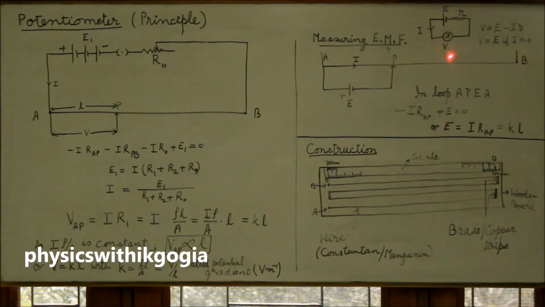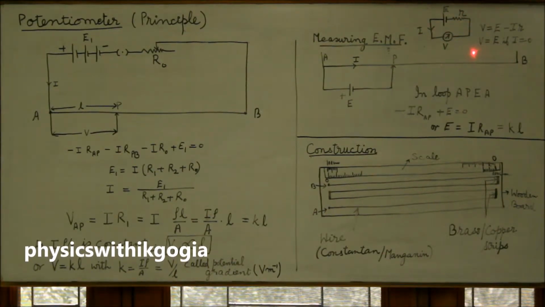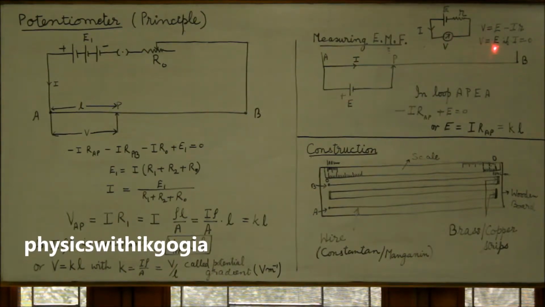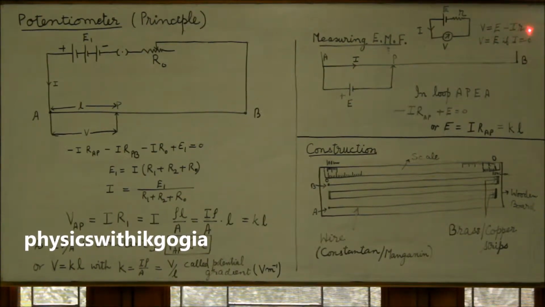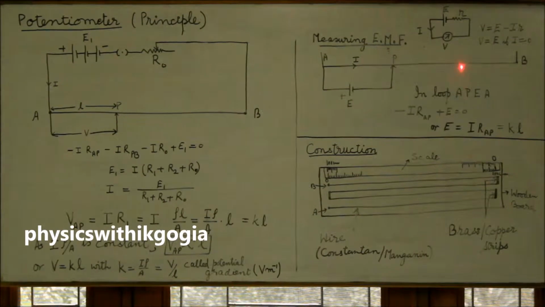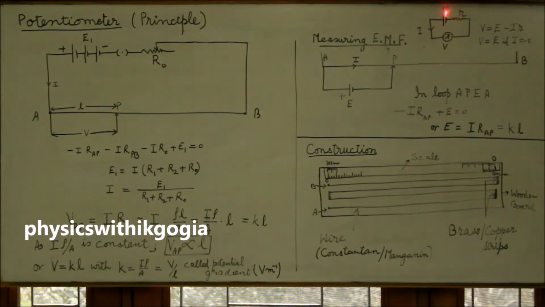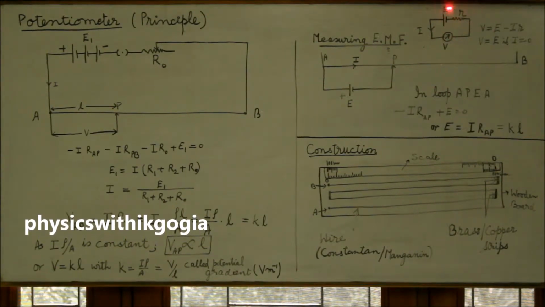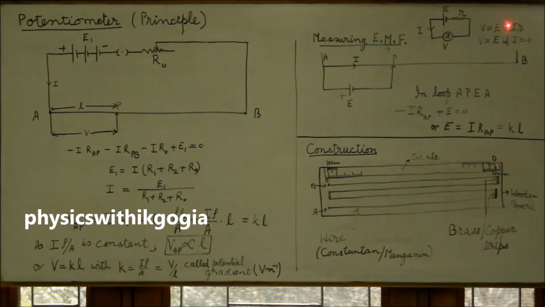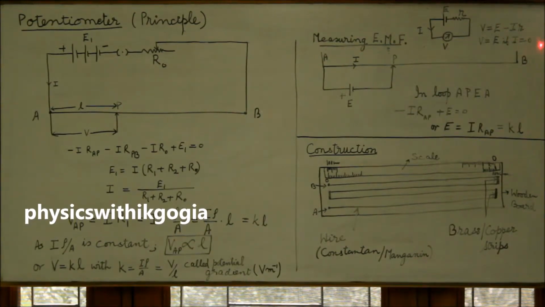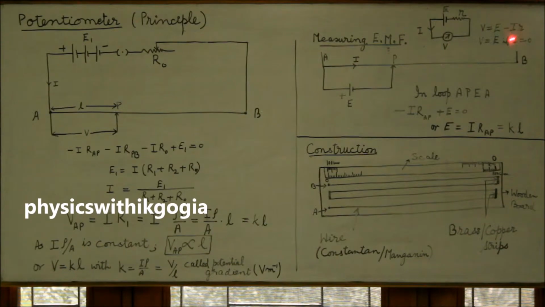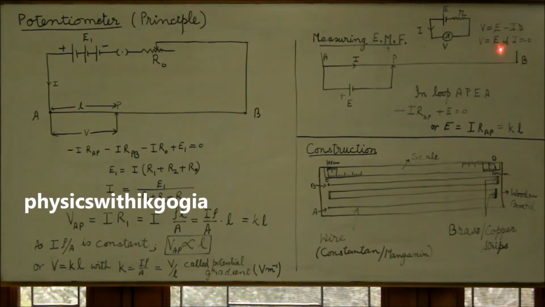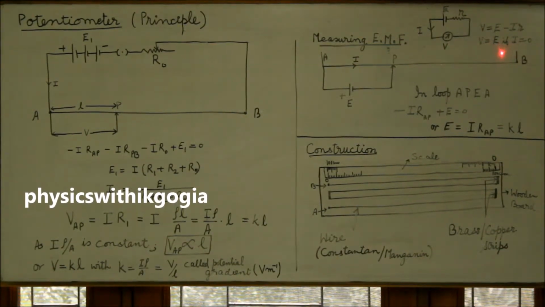Therefore, what the voltmeter will be measuring is V, the potential difference, equal to E minus IR. In order to get the exact value of EMF E, the current is to be dropped to 0. Because if this term is 0, the potential difference will approximate to E.